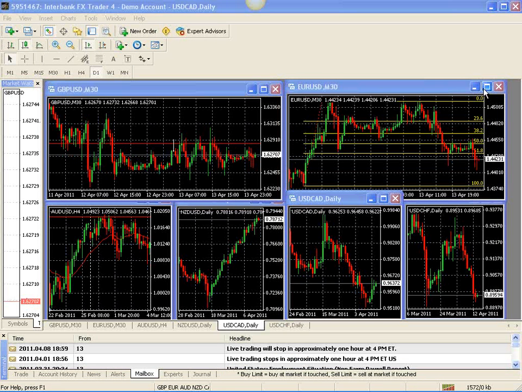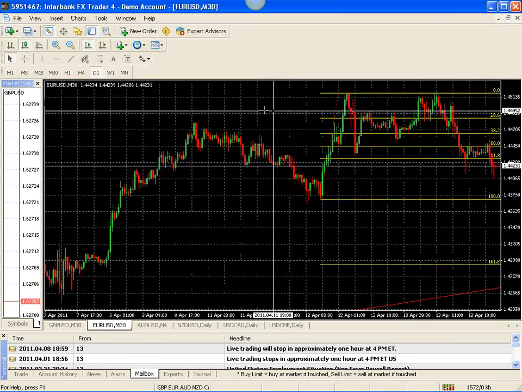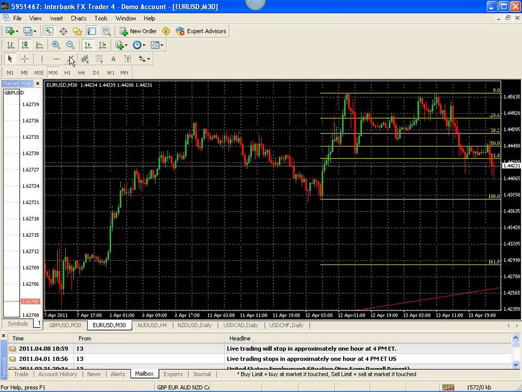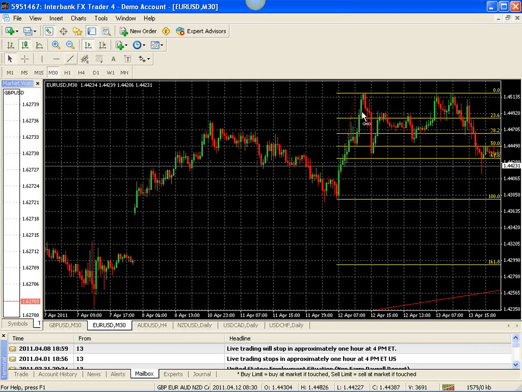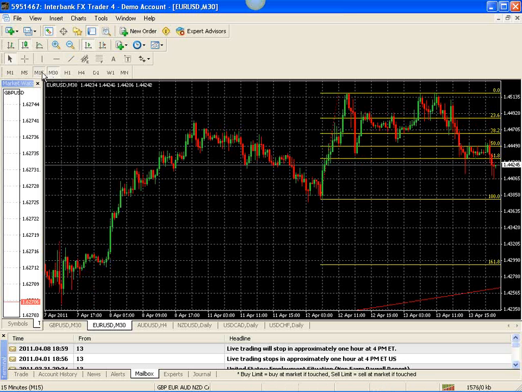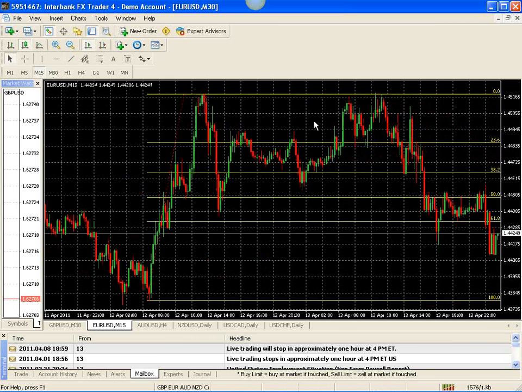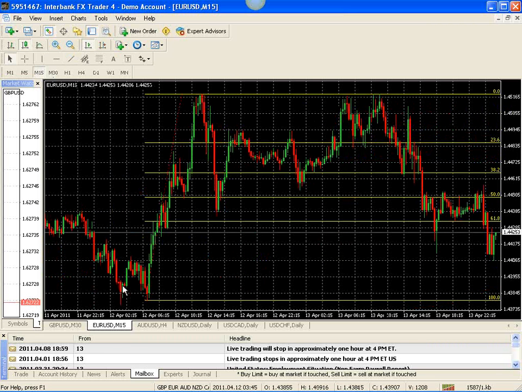So again, let's go back to the euro because that's such a good example. I want to try and shrink this down basically and see if I can move this over a little bit. And let's see if we can bring this down even to a 15-minute chart. Perfect. All right, so we're going to see a lot of data. So again, let's just take this one day at a time. Here we are, and you have to remember I'm in mountain time, so I kind of go off of the midnight time frame.